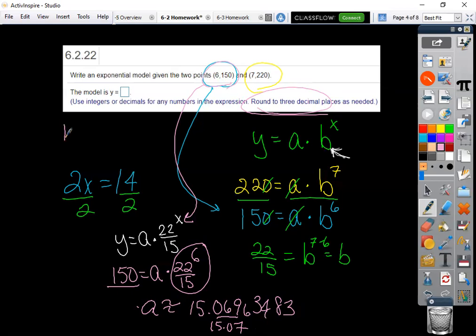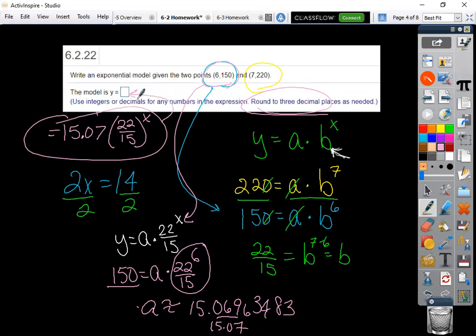So my final answer, A, 15.07 times my B again was 22/15 to the x power. The model would be this right here is what I would put right there in that box.